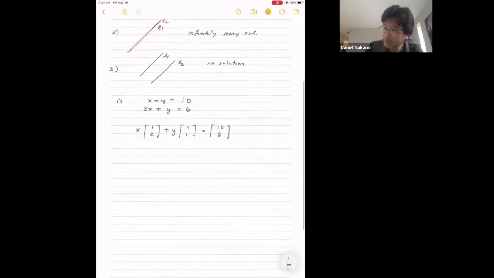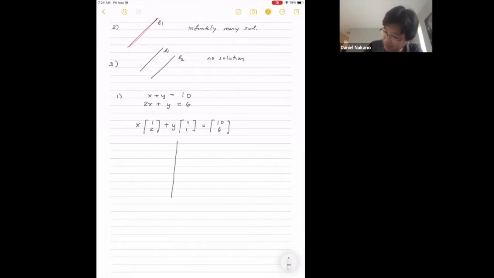So geometrically, what's going on is we're able to take the vector (1, 2). So the one vector (1, 2) looks like this. Let's call this V1. And the other vector looks like this, V2.